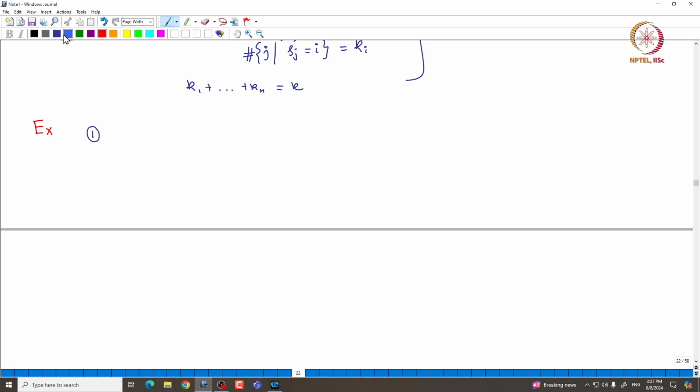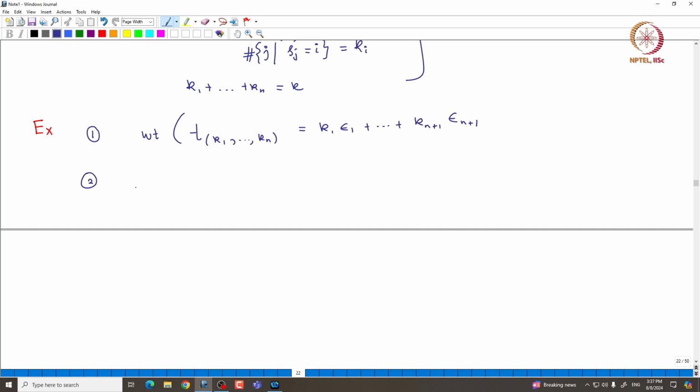First of all, it is easy to compute the weight of this T(k_1, etc., k_n). The weight of T(k_1, etc., k_{n+1}) is nothing but k_1 epsilon_1 plus etc. plus k_{n+1} epsilon_{n+1}.